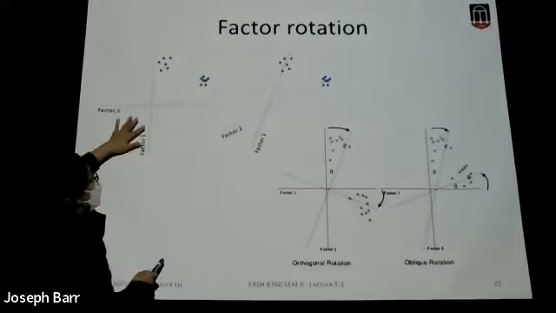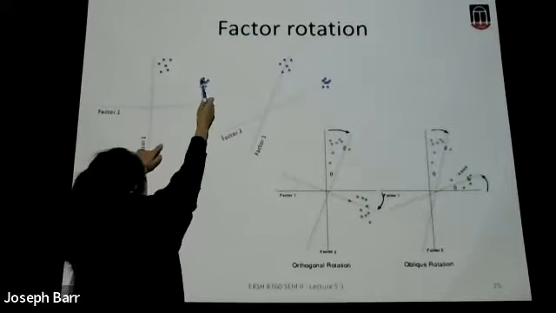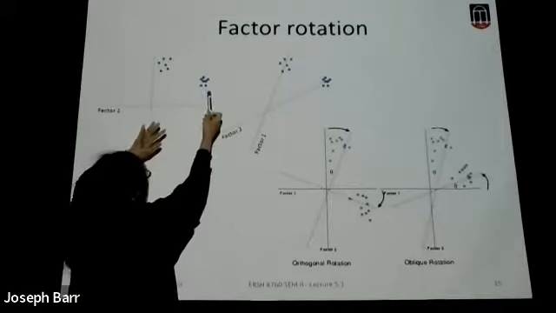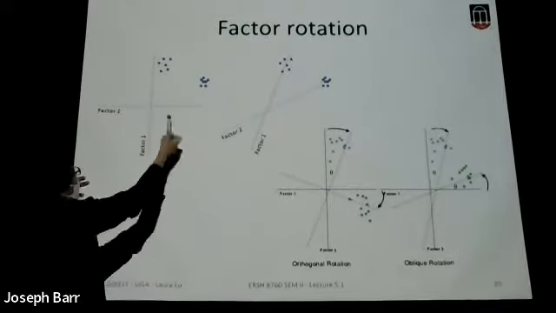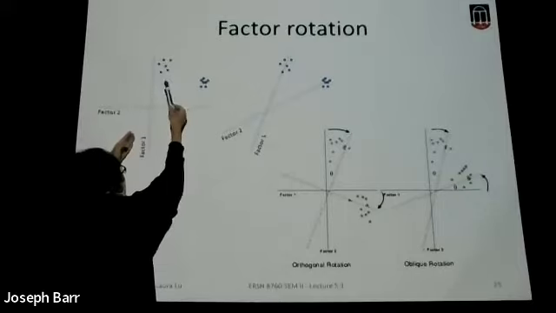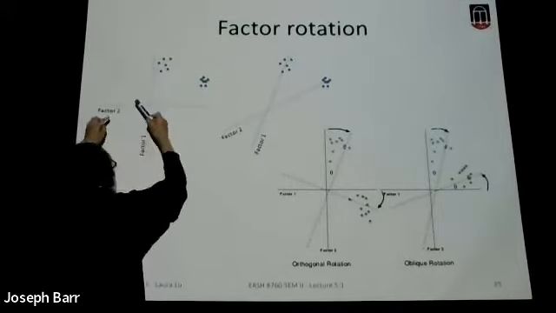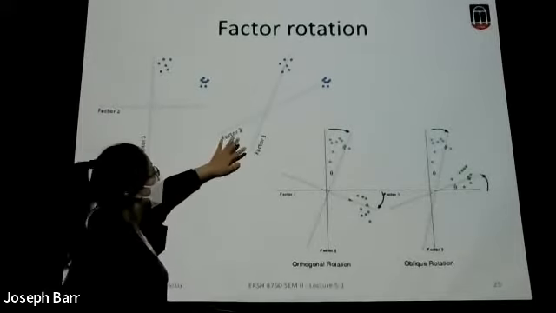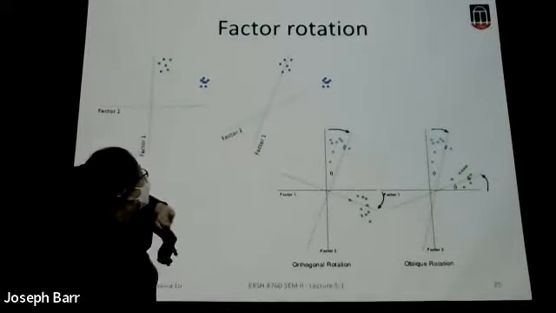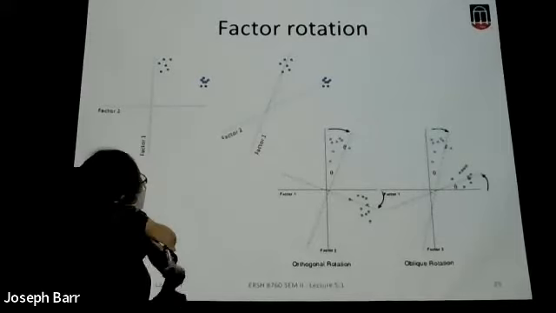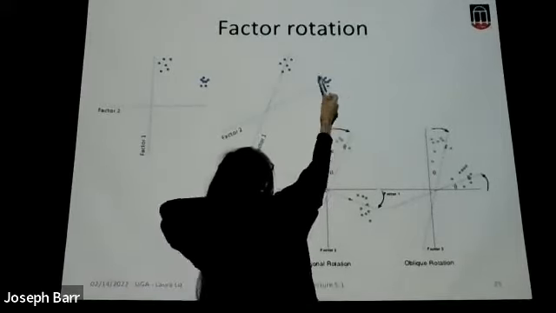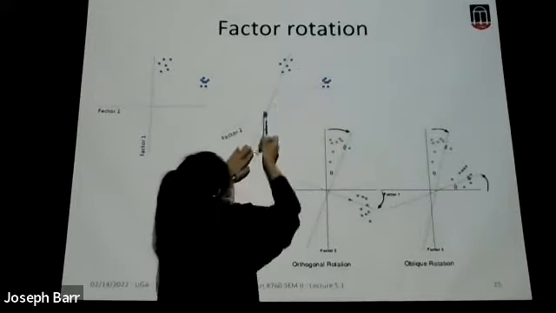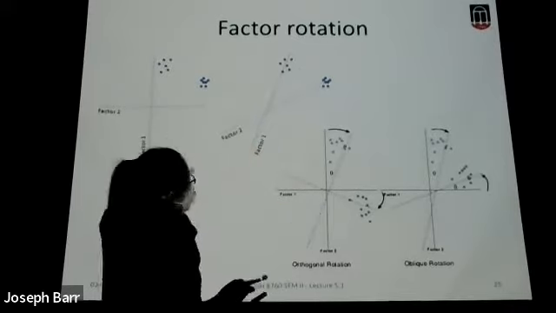But if you use the original one, this can be partly explained by factor 2, partly by factor 1. It's not very clear. And these dots can be explained mainly by factor 1, but some by factor 2. So this factor structure is much better than this one. You can see these are influenced by factor 2 here, and these are influenced by factor 1 here. This is much better than here.